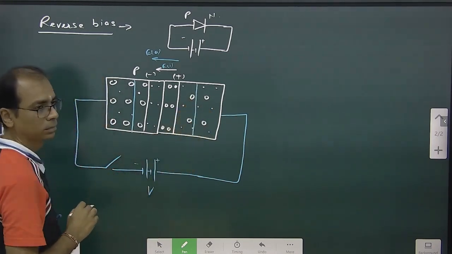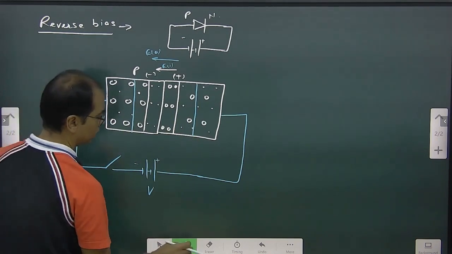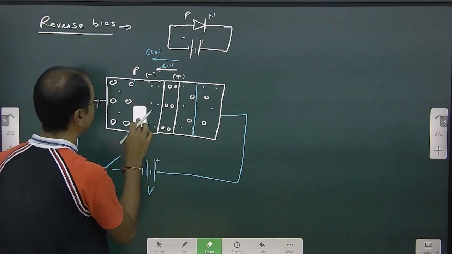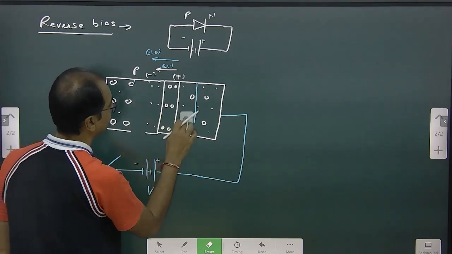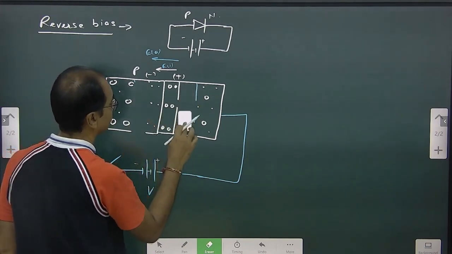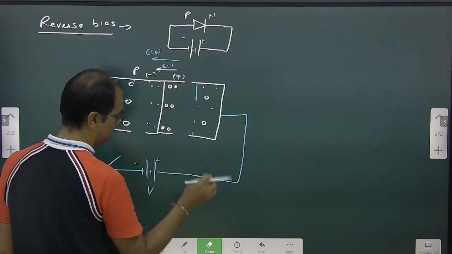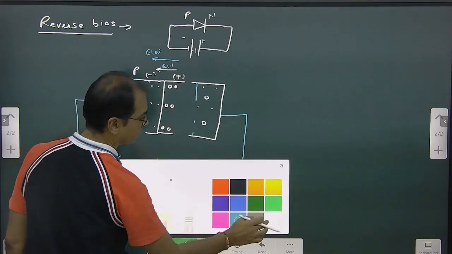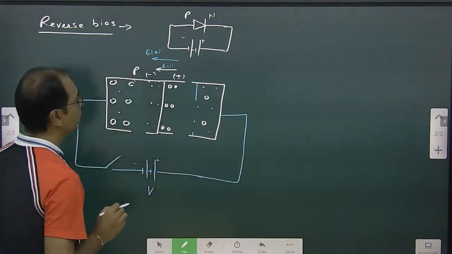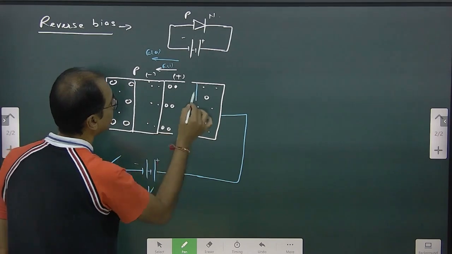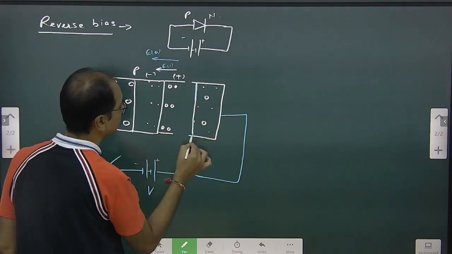Okay, and these in between, just remove it. So the depletion layer's thickness has increased. Right, so what will happen because of that? That also I am explaining to you. This is not the depletion layer.